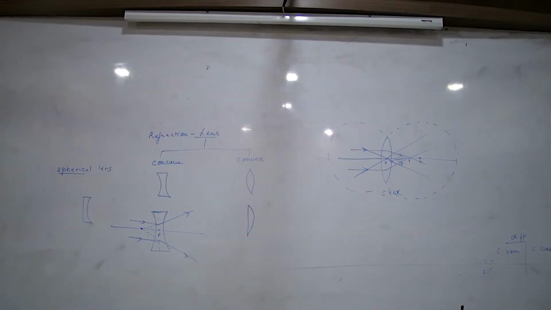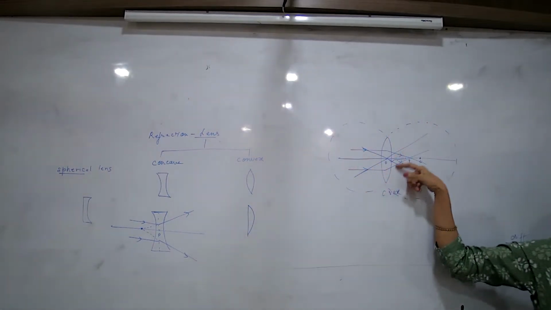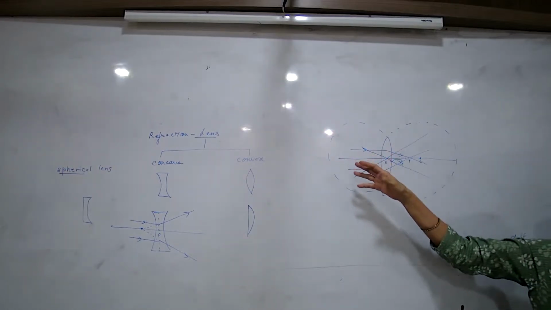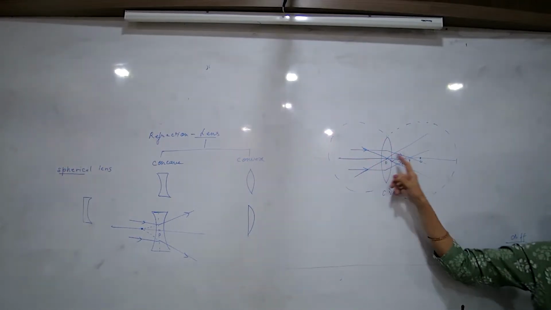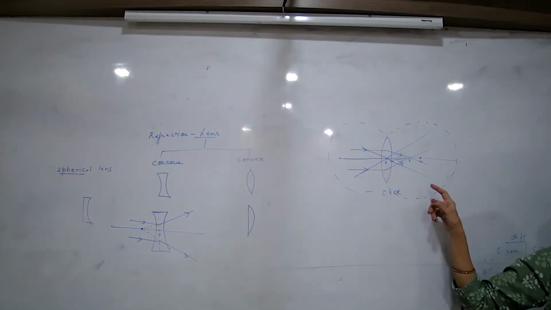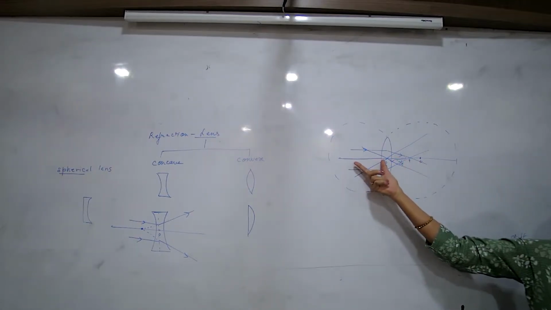For all practical purposes, we are going to take this sphere and this sphere the same. Sometimes it can be big and small, then F will be different. But for drawing the ray diagrams, we are assuming that both the spheres are the same, such that the centers of curvature are equidistant.